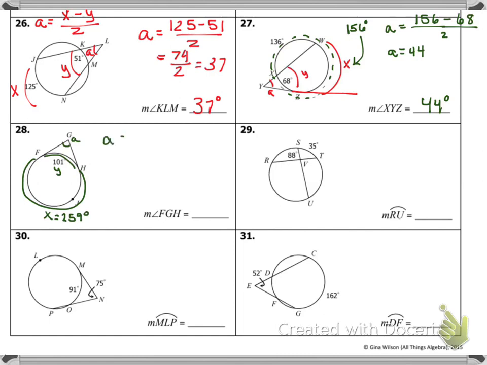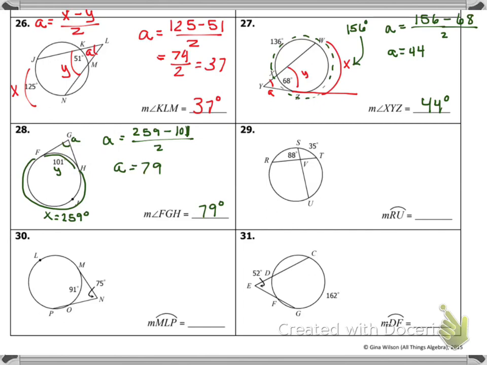So my a is going to be 259 minus 101, divide that by 2. And when I do that, I get a equals 79 degrees. Yay! So keep doing that same formula if you can, and make note of that formula.